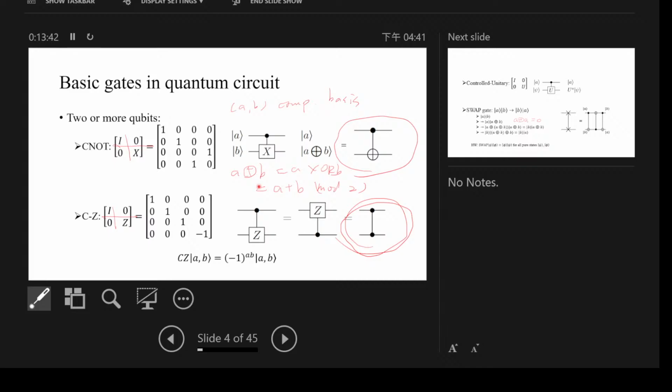Okay, and yeah, so from this interpretation, we see why it is drawn here, because it means controlled X. So we think of the first wire as the control qubit. The control qubit doesn't change, but it will depend on whether you want to do this X gate on the second qubit. So if the control qubit is 0, then the second qubit doesn't change. And if the control qubit is 1, you apply the X gate on the second qubit. Okay.